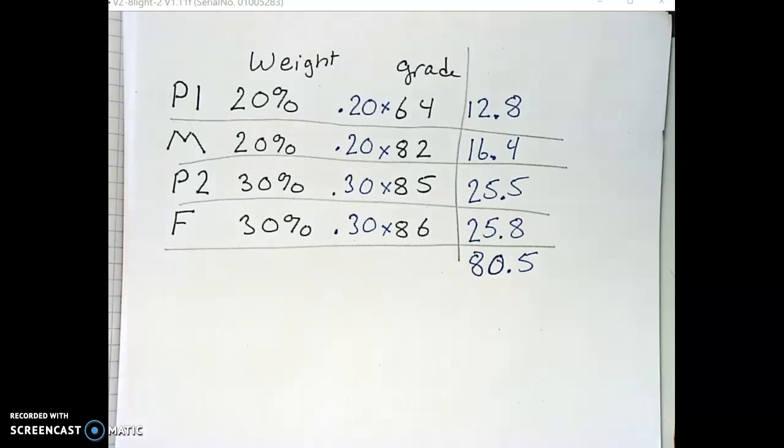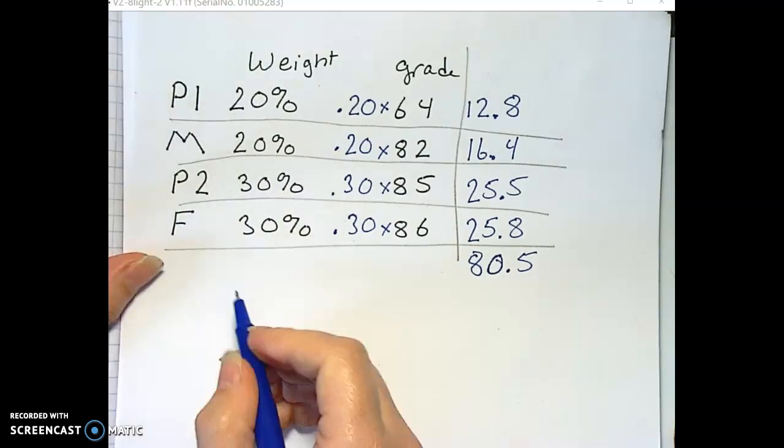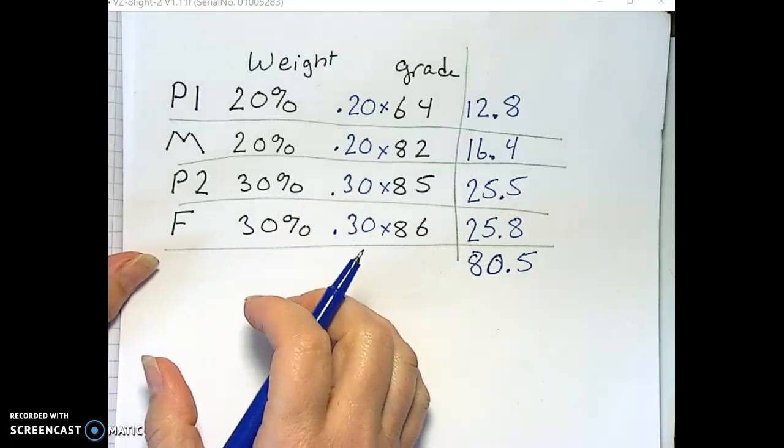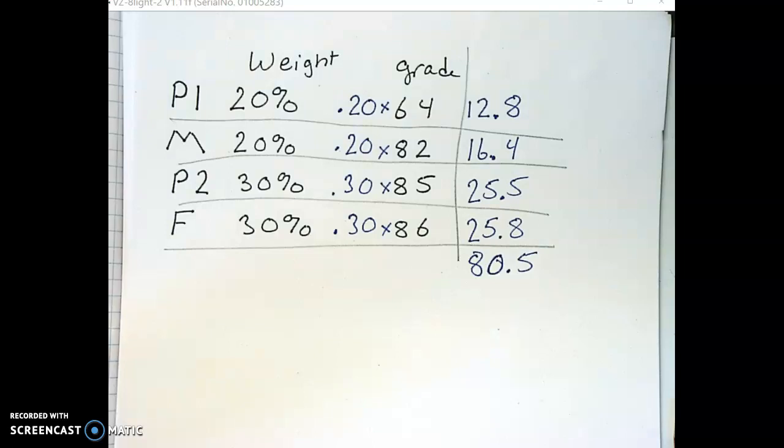But first I want to compare this to what you'd get with a non-weighted average, which is just a regular average. And then I want to look at grading scales for a minute. A non-weighted average is the average you've been doing since elementary school, where you just add up all the grades and divide by how many grades there are.